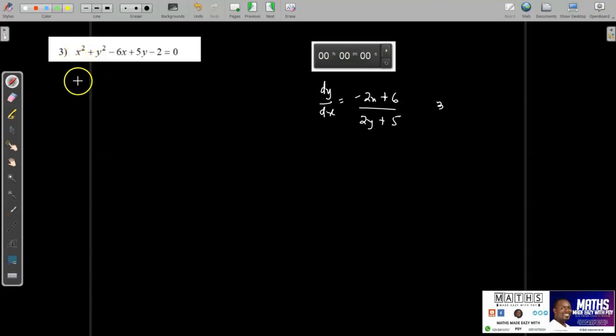When you differentiate x squared, you are going to obtain 2x plus differentiating y squared, you end up getting 2y dy dx minus differentiating 6x, you end up getting 6.